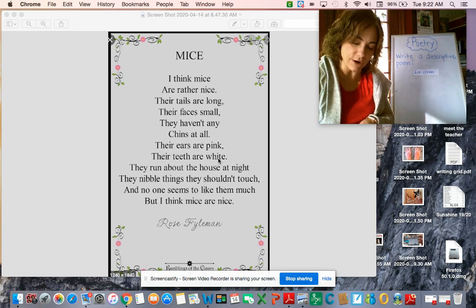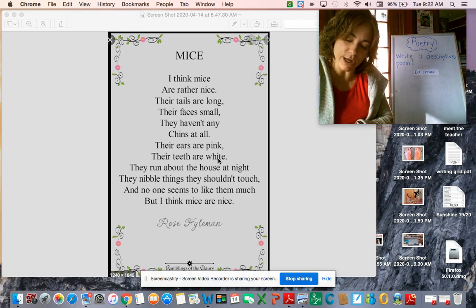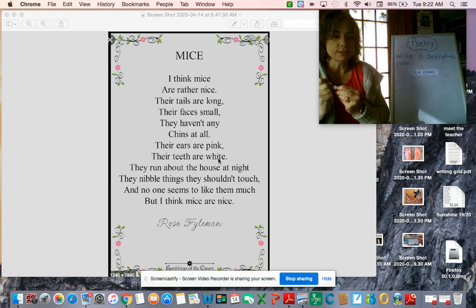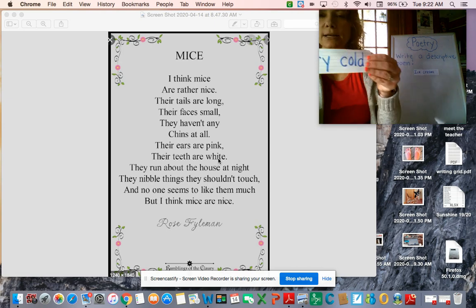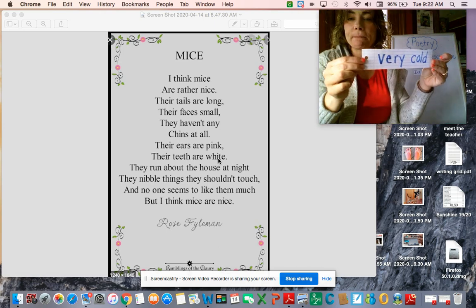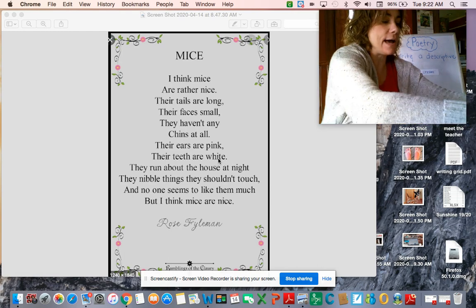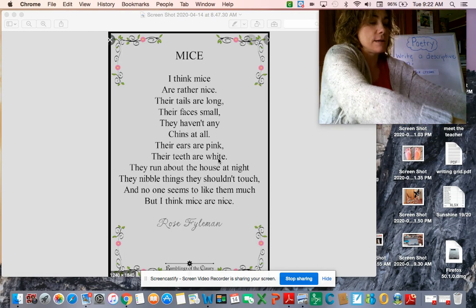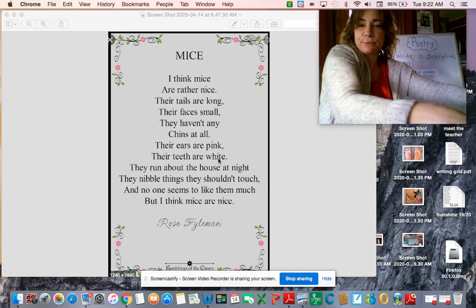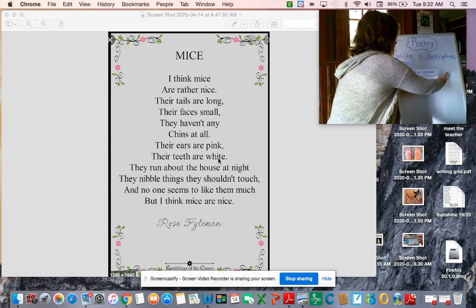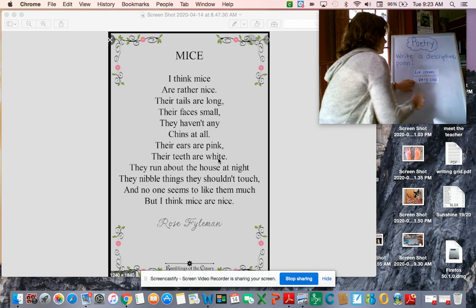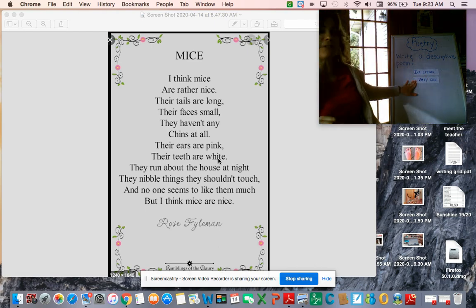It's very cold because we know ice cream would just melt if it wasn't very cold. So now I wrote that on another strip, and this is Holman's tape. I'm going to go ahead and tape that right underneath my ice cream. So I have ice cream, very cold.